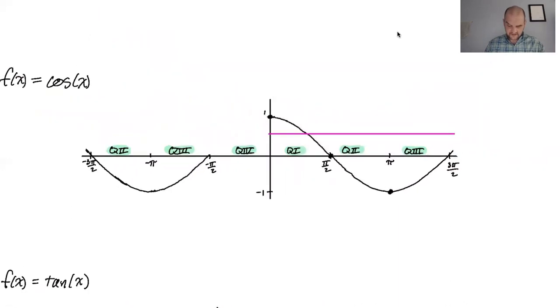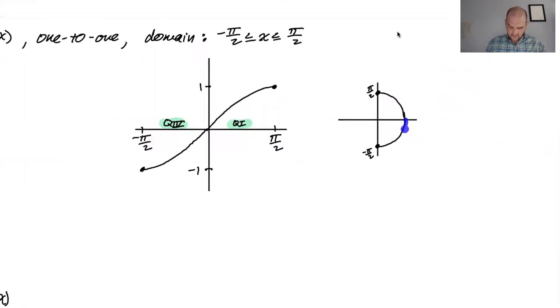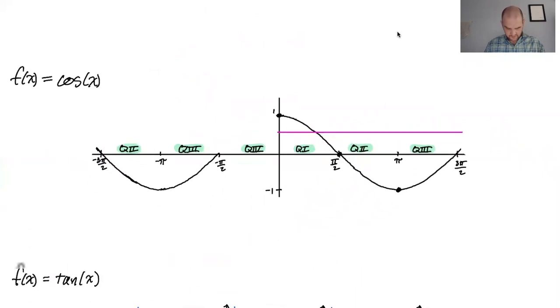For sine, we kept the first and the fourth quadrant, but not the fourth quadrant you're used to. We kept from negative pi over 2 to pi over 2. It's like we started at 0 and rotated clockwise pi over 2, or rotated counterclockwise pi over 2. So it's still the first and the fourth quadrants, just not the way you're used to them. Here, it is the way we're used to them.